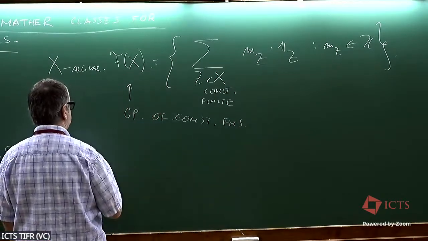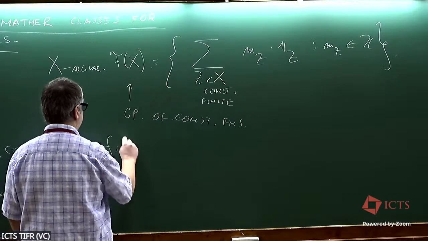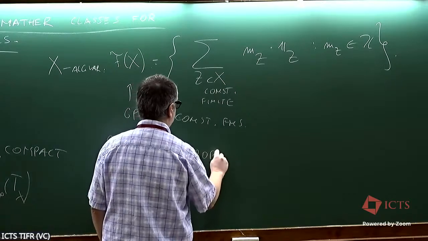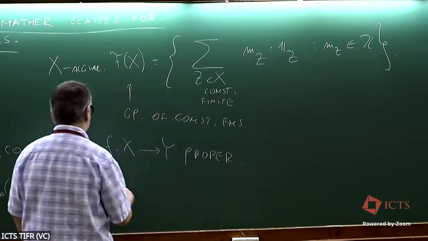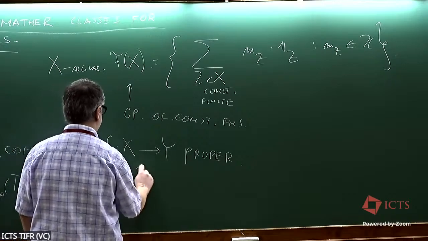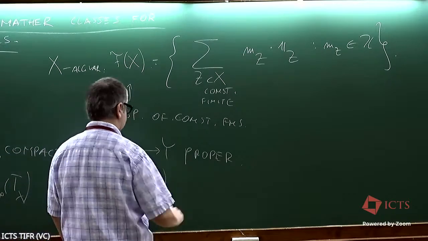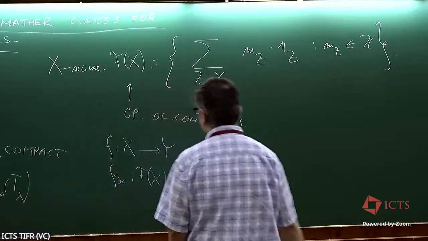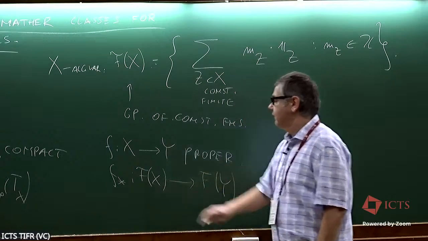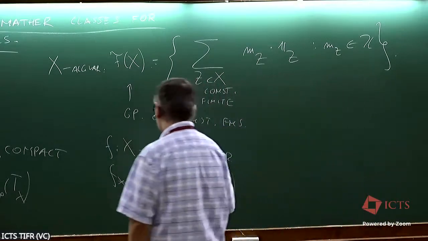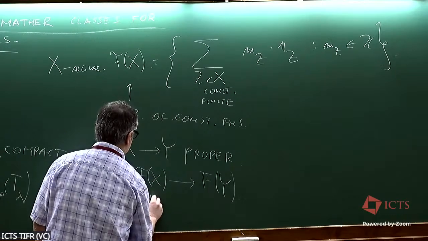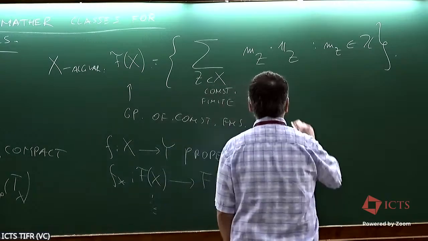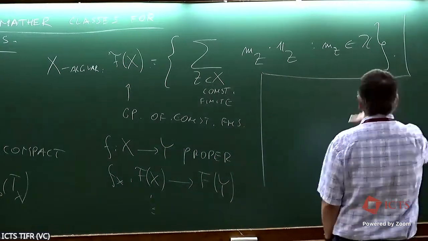It has some functoriality properties. If you have a proper morphism between two algebraic varieties, then you can construct a push forward from the group of constructible functions on X to the group of constructible functions on Y in the following way. In order to tell you what the image of something is, it's enough to tell you the image of an indicator function 1_Z.